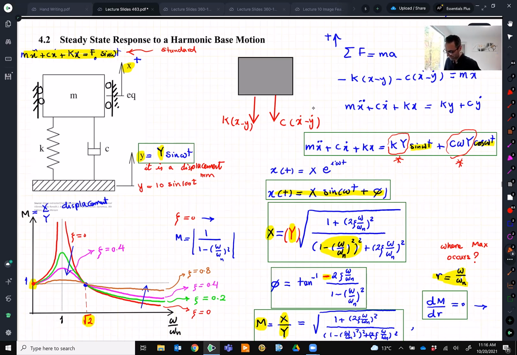Let's do it again. It should be like that. Please correct it, all right? So before root 2, the brown one is zeta equal to 0.8, right? Now it makes sense.